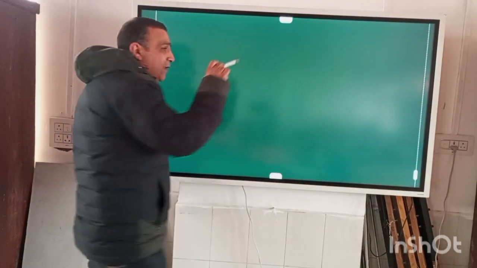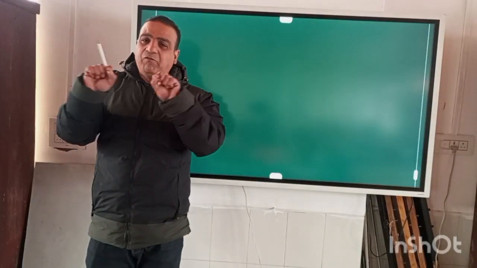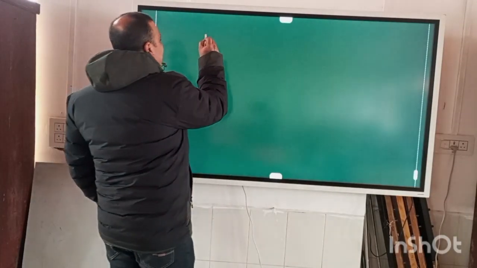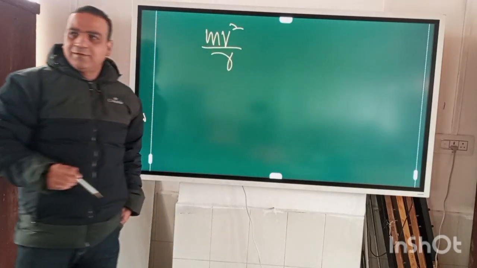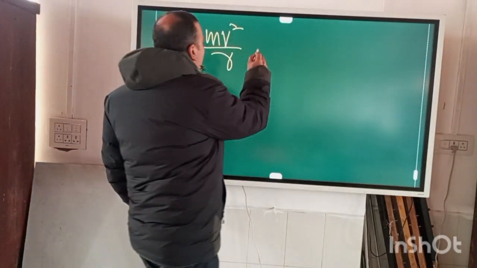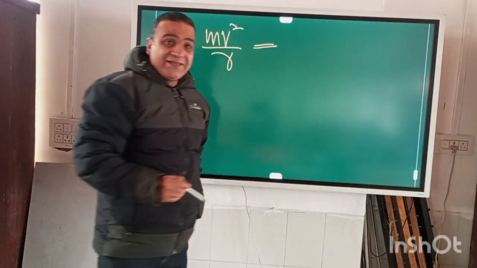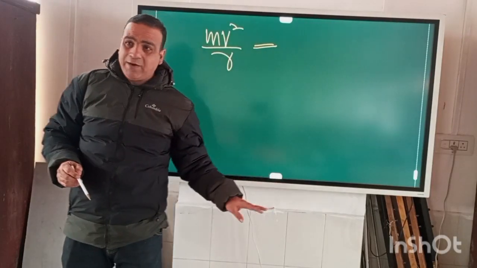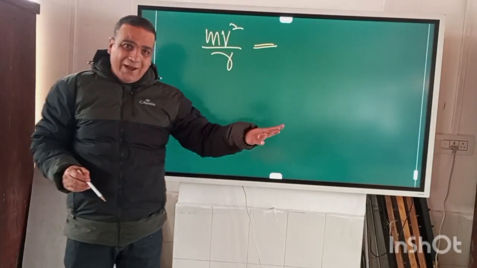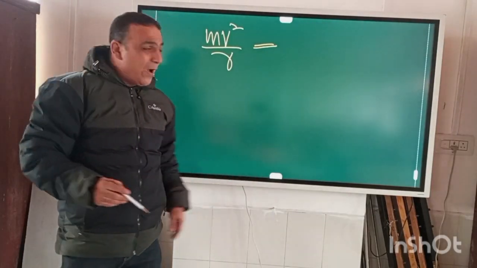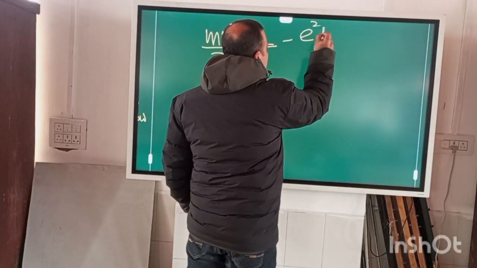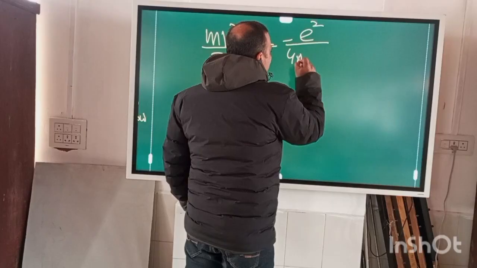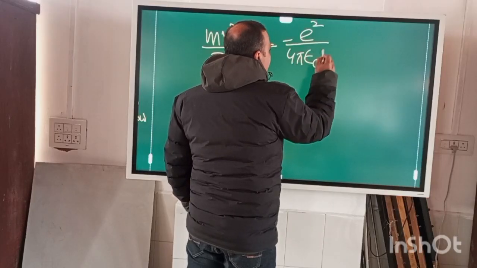So you have the centripetal force, which is mv squared by r. And then you have the electrostatic force; since we are talking about hydrogen atom, it has one electron and its atomic number is 1, so the electrostatic force here is e squared by 4 pi epsilon naught r squared.